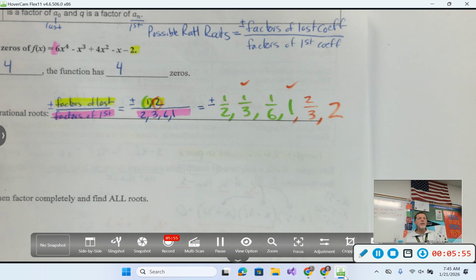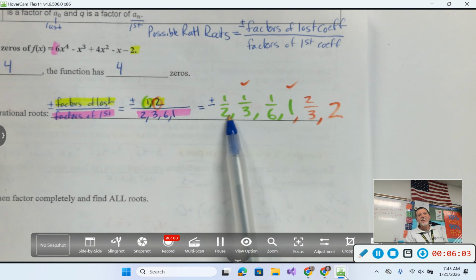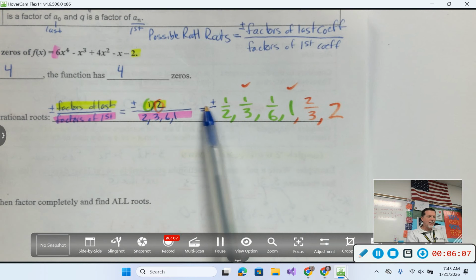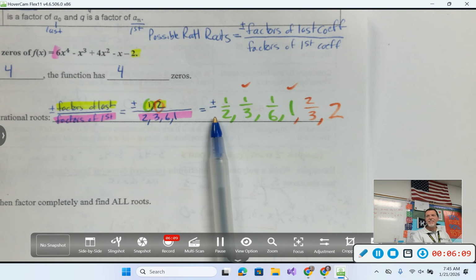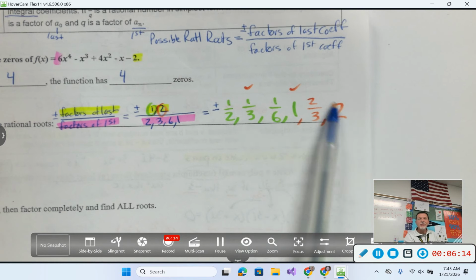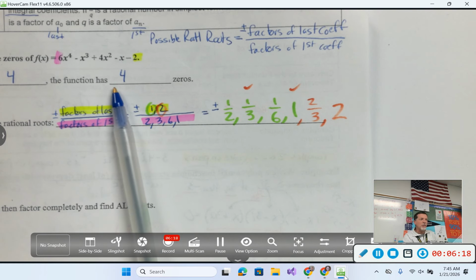So how many possible rational roots did we just list? Gotcha. 1, 2, 3, 4, 5, 6. So you know how to count, but plus or minus means 12. So there's 12 possible roots, but there's only 4 zeros.